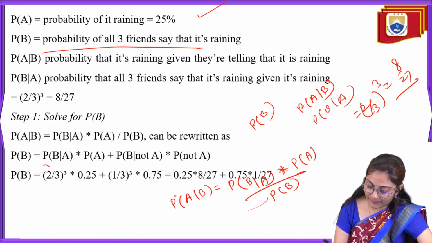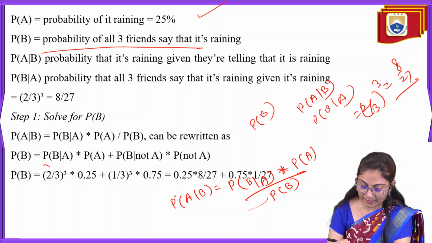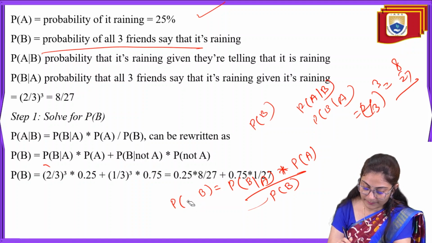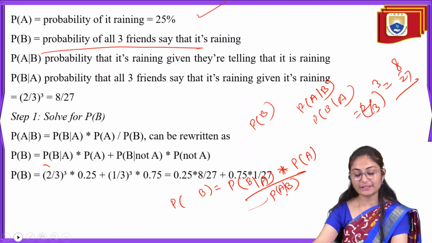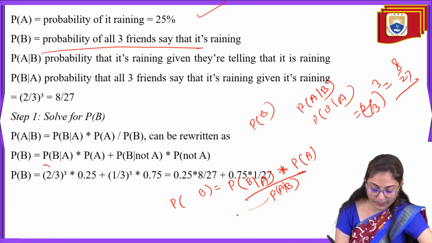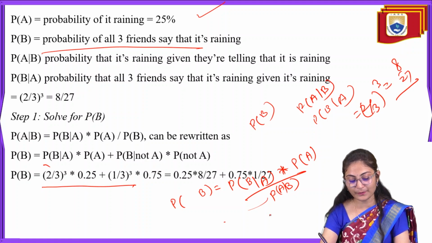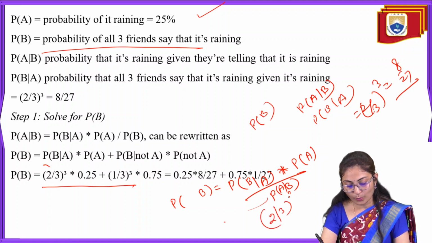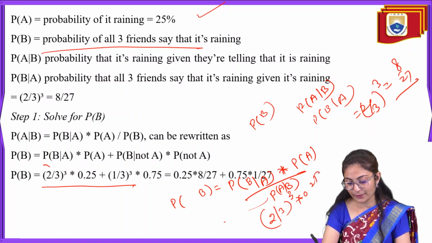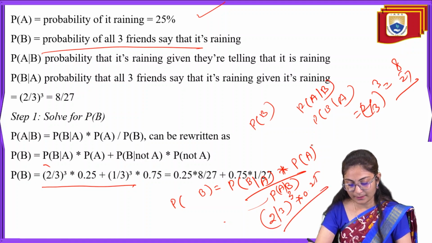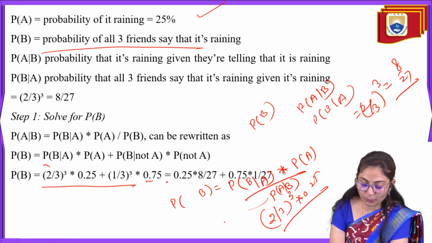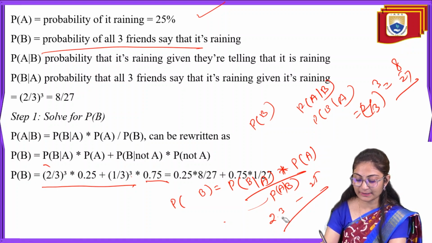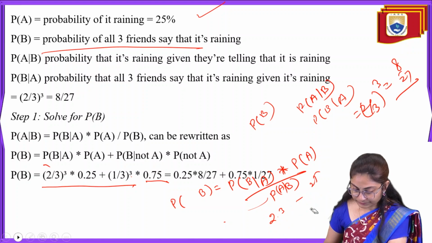Now if we substitute, P(B) is equal to (2/3) cubed into 0.25, plus (1/3) cubed into 0.75, and you will get the answer.